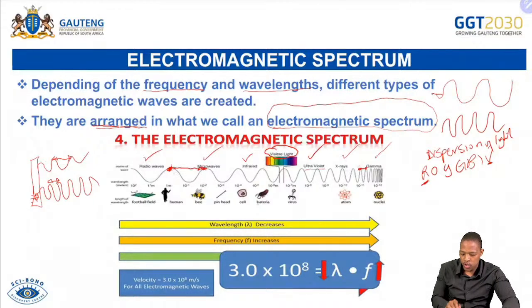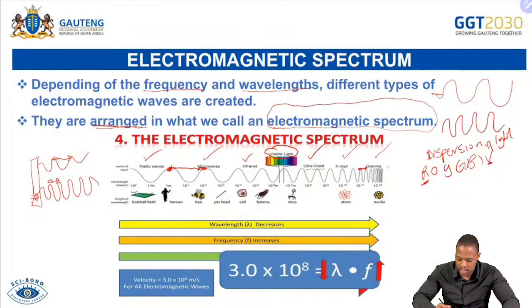So let's check the two wavelengths. You can see the wavelength is longer here, and you can also see here we are having a small amount of waves that are passing a fixed point. But here we are having a large number of waves that can pass a fixed point in a second, telling us that here we have high frequency.